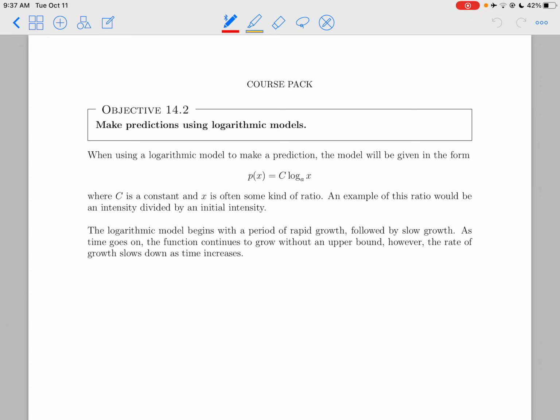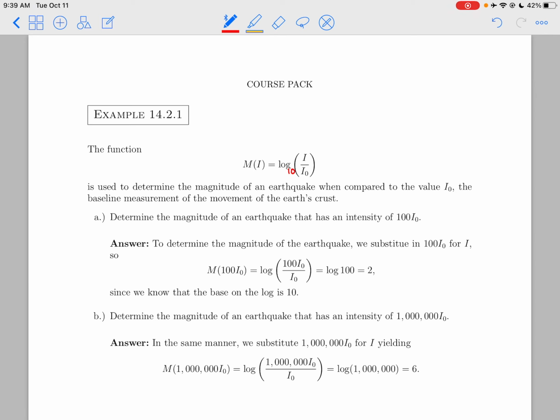When I plug that in, I get this cancellation of I0s, and I end up with log base 10 of 100. So that's asking, what power do I raise 10 to get 100? Well, obviously 10 squared is 100, so my answer is 2. So that tells me that the magnitude of the earthquake is a 2.